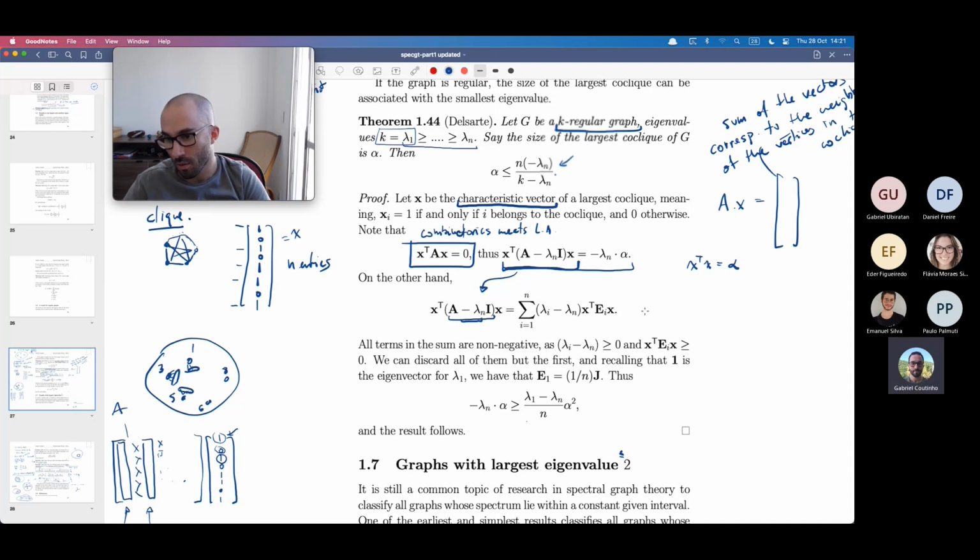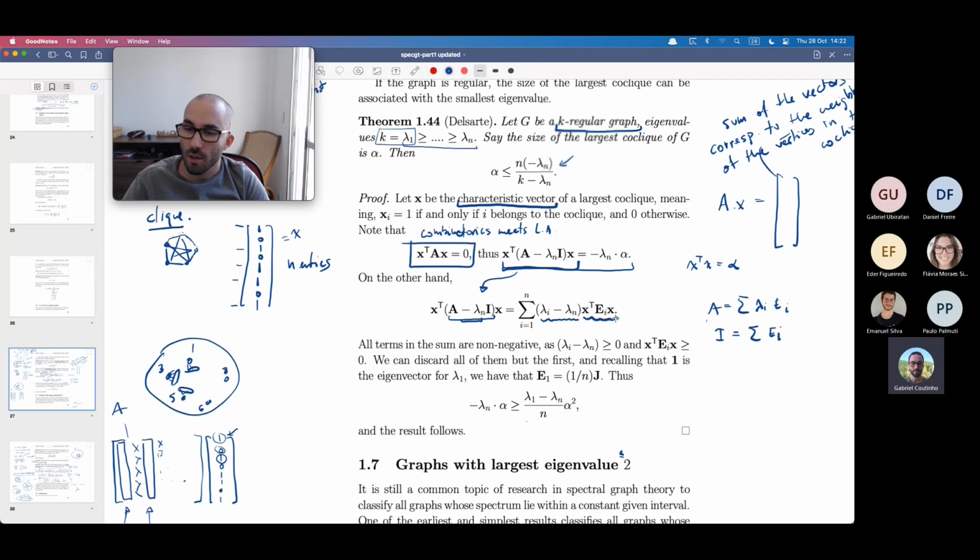After all, A is equal to the sum of lambda i E sub i and I is the sum of E sub i. So this matrix minus lambda n times this is exactly what you see there. Now, all of these things are non-negative. Why? Because lambda n is the smallest eigenvalue, so I'm always subtracting the smallest eigenvalue from all of the other eigenvalues, so these are always going to be positive, or at least non-negative.